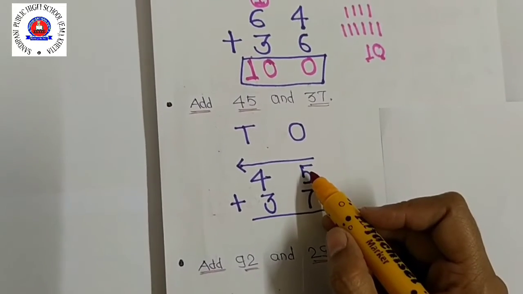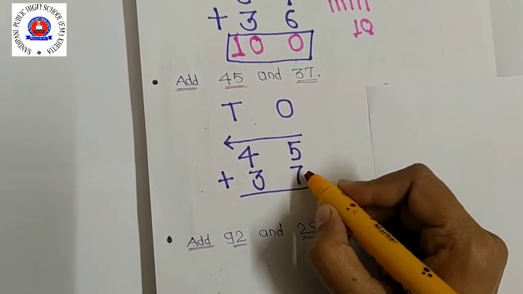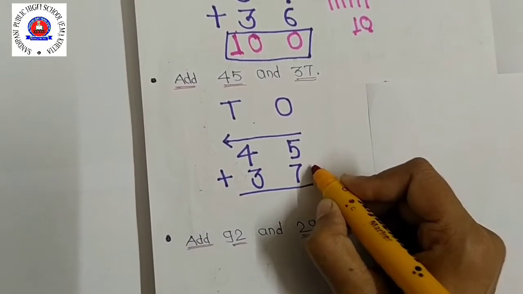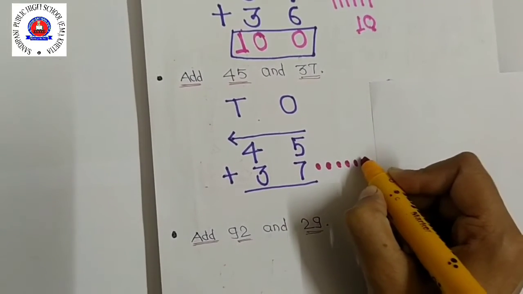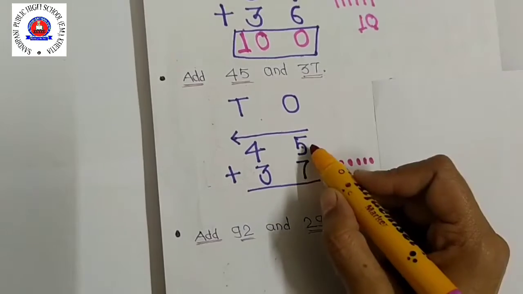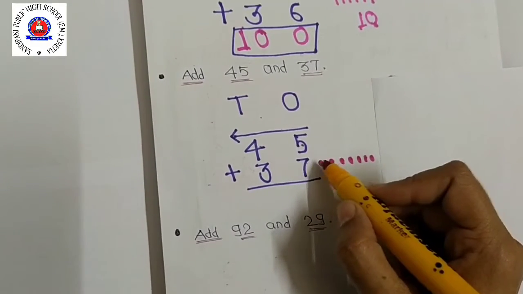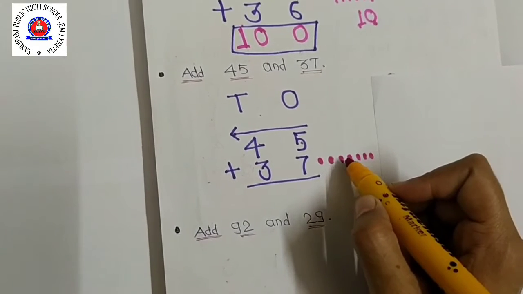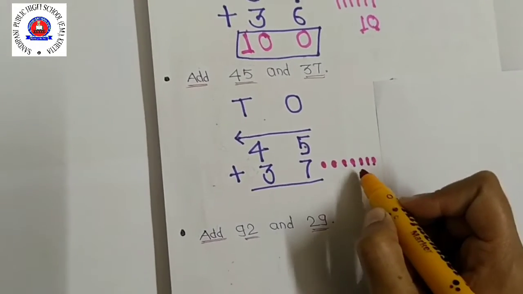So 5 plus 7. This one is what? 5. The second number is what? 7. So draw dots: 1, 2, 3, 4, 5, 6, 7. After 5, count these 7 dots. 6, 7, 8, 9, 10, 11, 12. What will come?